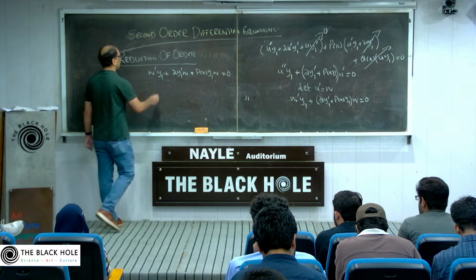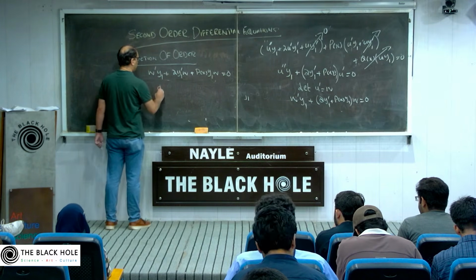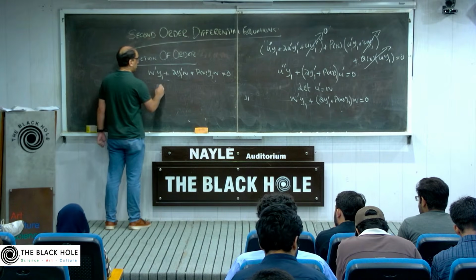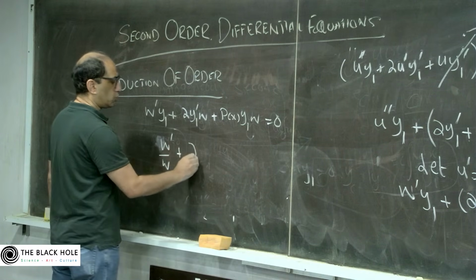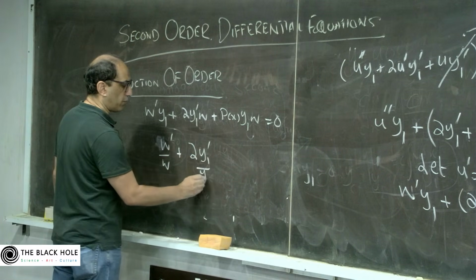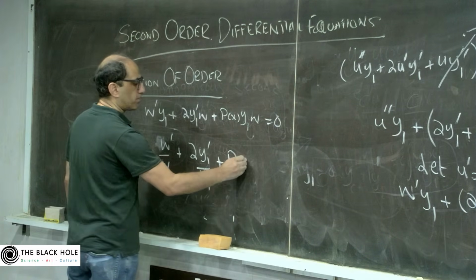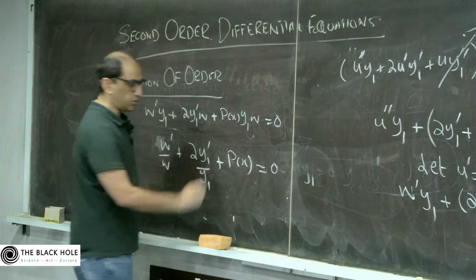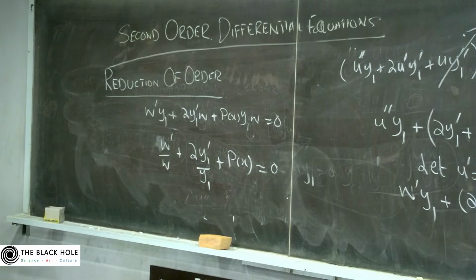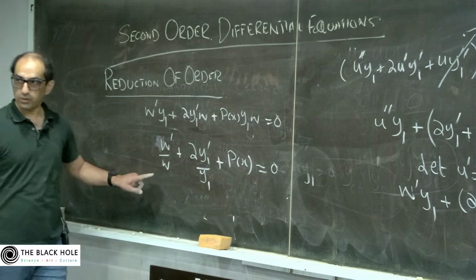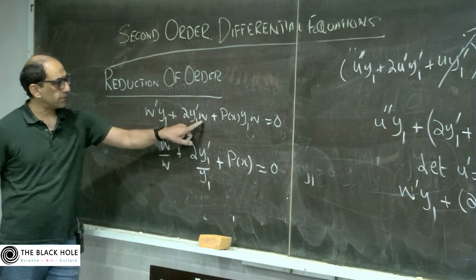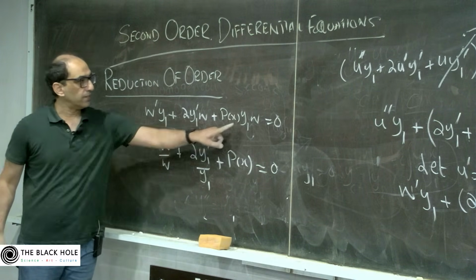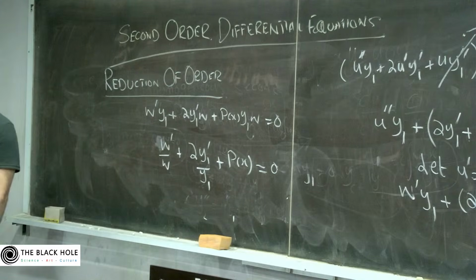When I do that, I will have w dash over w plus 2 y1 dash by y1 plus p of x is equal to 0. Okay? I have divided throughout by w y1, so this w cancels, y1 is here and y1 is gone.